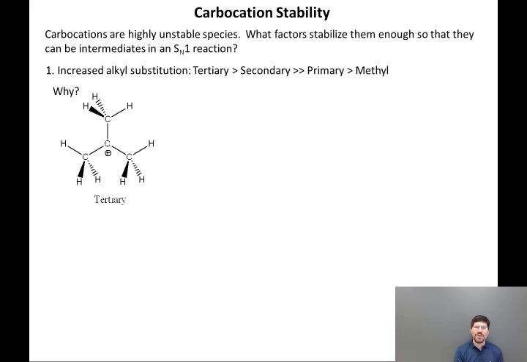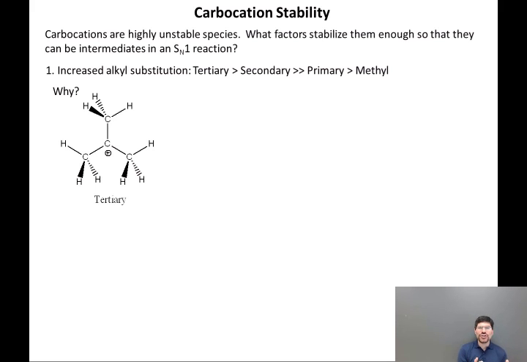Why? Well, let's look at a somewhat realistic picture of the tertiary carbocation. Carbocations are planar, at least with respect to the carbon that has the positive charge on it, but then in a tertiary carbocation, each of the 3 carbons bound to the carbon with the positive charge has tetrahedral geometry.